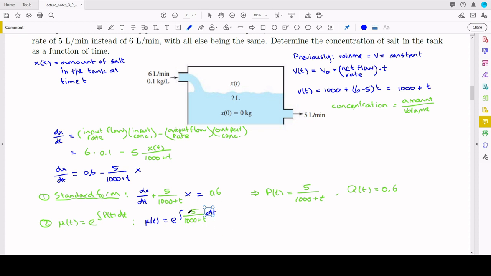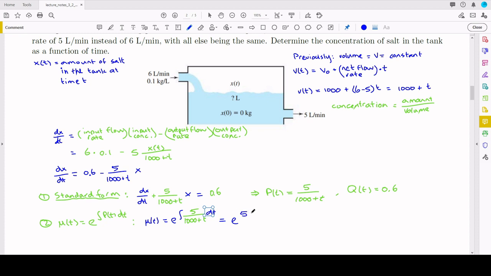And this integral, we can do a substitution, u equals 1000 plus t, and so you'll get 1 over u, and so you see that the antiderivative is an ln. I'm going to do that over here. So double check that you can find the antiderivative of this.